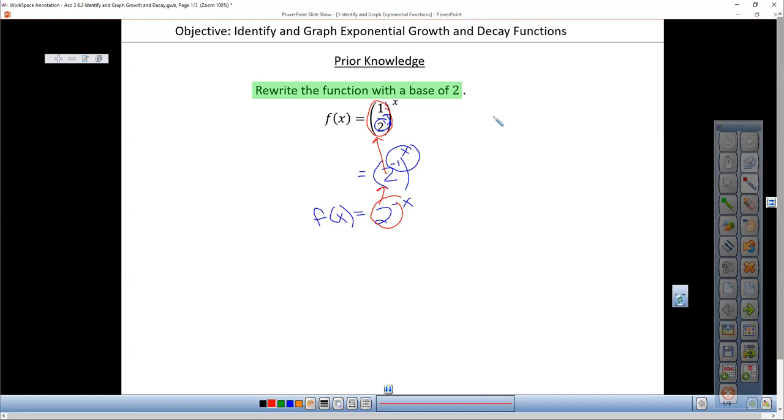So remember that a decay function has a base that is positive but less than 1, and we call that being between 0 and 1. And so both of these, whether it's directly a 1/2 to the first power or a 2 to the negative first power, both of them represent the same number, which is a number less than 1, making them a decay function.